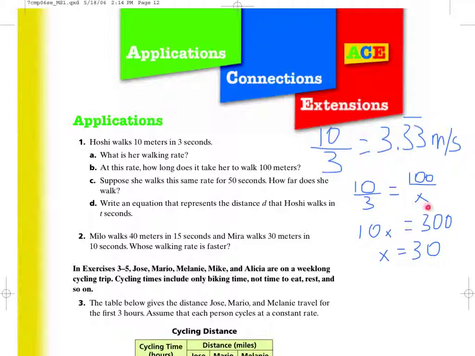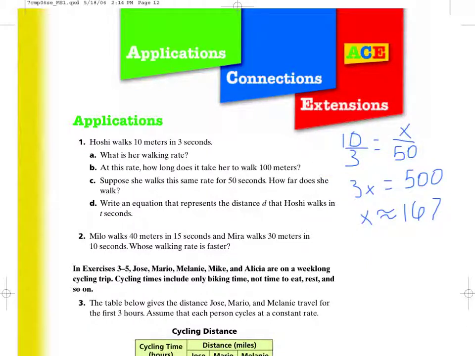So if we just do cross multiplication, 10x equals 300. 3 times 100 is 300. And then divide by 10, so x equals 30. So it takes 30 seconds.